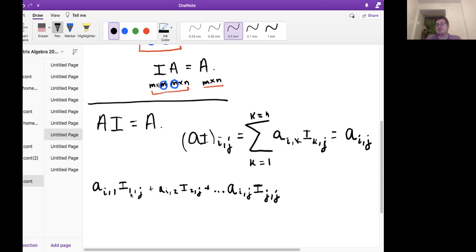So I'm writing out the sum longhand. I wrote the first one, the second one, and a lot of other stuff, but at some point I get to the j entry, when k is equal to j. So what would the next one be? What's the next entry after j in the sum?